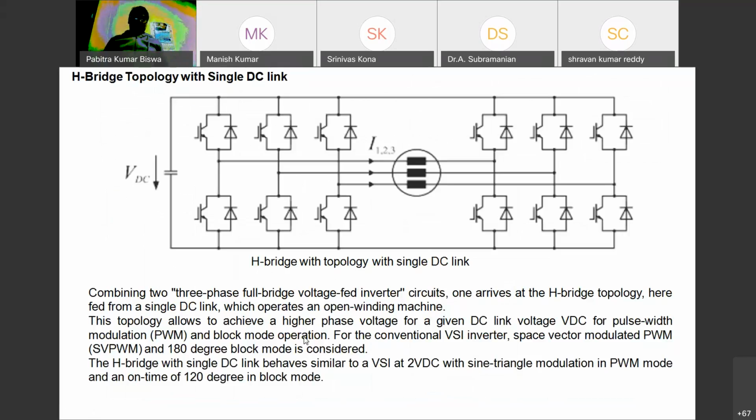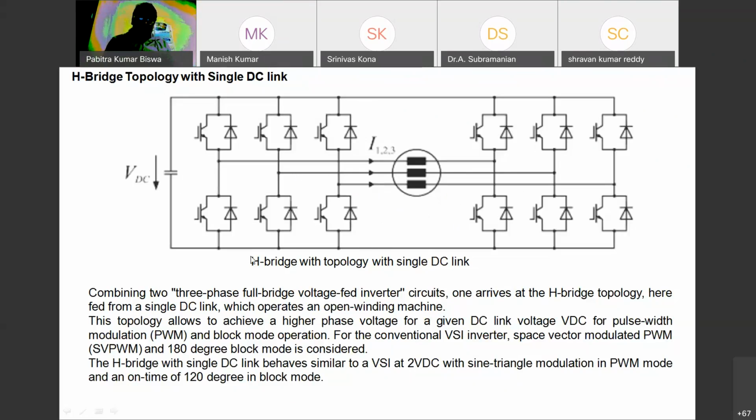This is the H-bridge topology with the single DC link. The H-bridge is also used for the HEB, and there are six switches connected with a DC link.